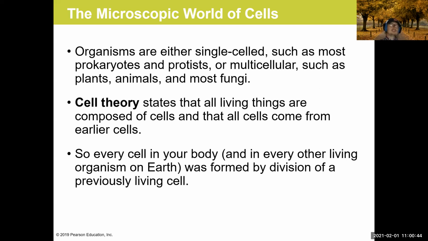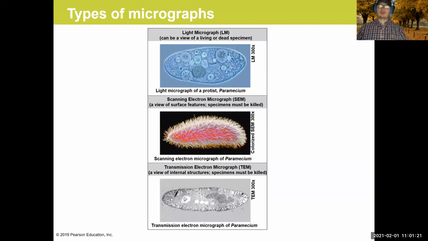The cell theory, based on all the evidence since that time, states that all living things come from pre-existing cells, and that those cells are descendants of each other. Every cell in your body came from the division of another previously living cell, and that's the case with every organism on the earth.